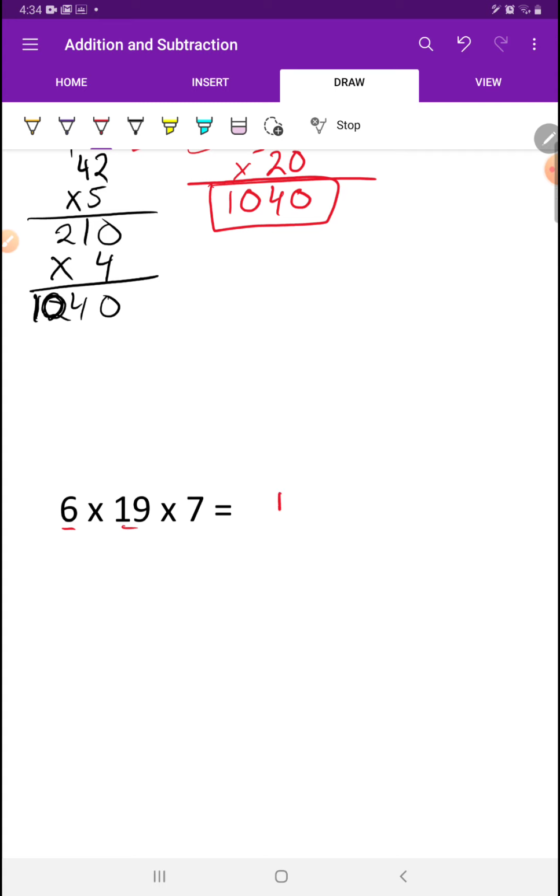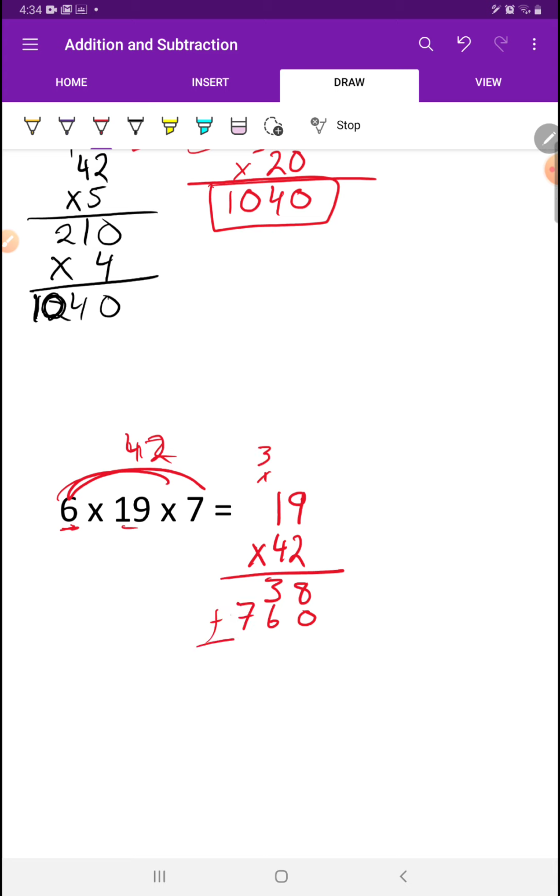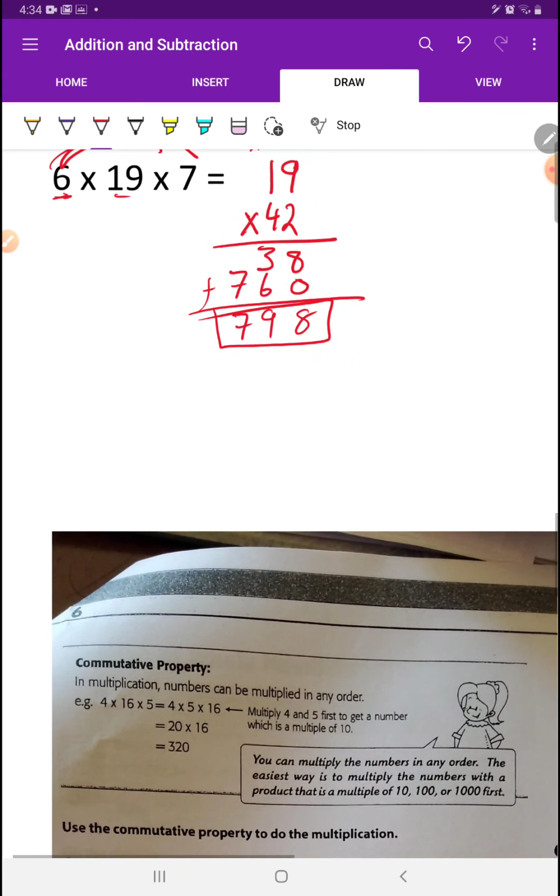But it's a lot easier to just go 19 times 42. 6 times 7 is 42. So I go 19 times 42. And so I get 18, 1, 3, 0, 36, and 7. And I'll add those together, and I've got 798. Okay? So that's what it means by the distributive property.